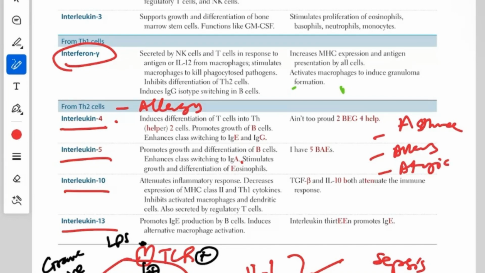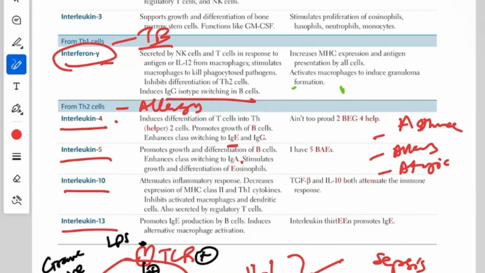Those are the ones where you have Th2 CD4-positive cells predominantly. With TB, that's where you have Th1 most predominantly. And in other conditions that involve Th1, like I said, there is class switching of B cells to produce IgG. Here you have class switching to produce IgE, most importantly.